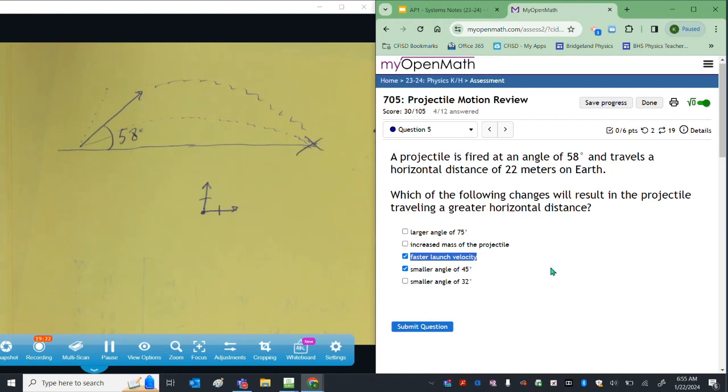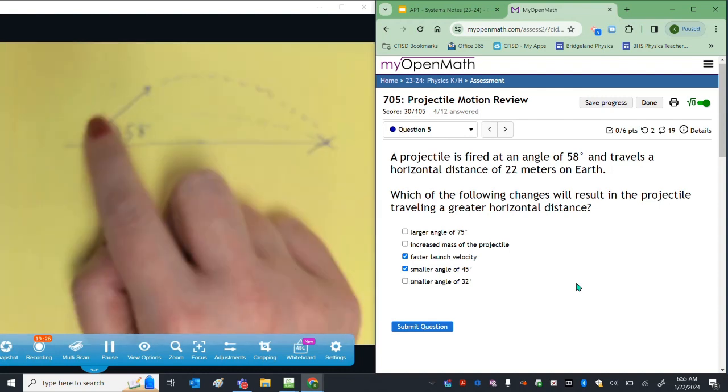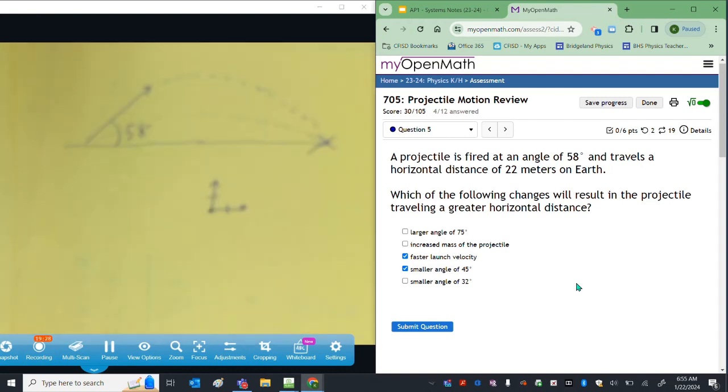If I launch it faster, it should have even more upward and even more forward velocity, so it would end up farther away because it should go higher in the air and have greater velocity forward. Again, these are randomized, so you're going to potentially have different values or different answer choices, but these two are options that are going to give you a greater range.